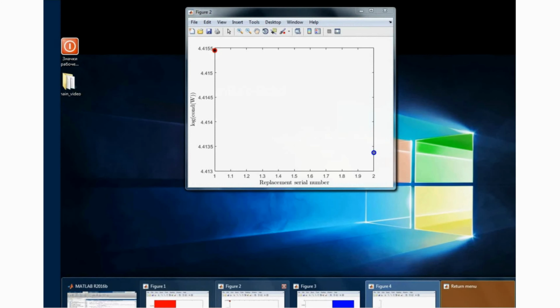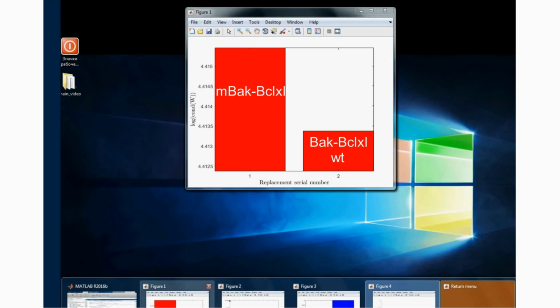Let's consider the obtained graphs in more detail. The figure shows the dependence of the value of the logarithm of the condition number on the substitution of the amino acid residue in the peptides, and shows the value without the introduction of the substitution. Number 1 indicates the value obtained for the dimer before the introduction of the amino acid residue substitution. X-ray structural analysis of the mutant protein was performed before.